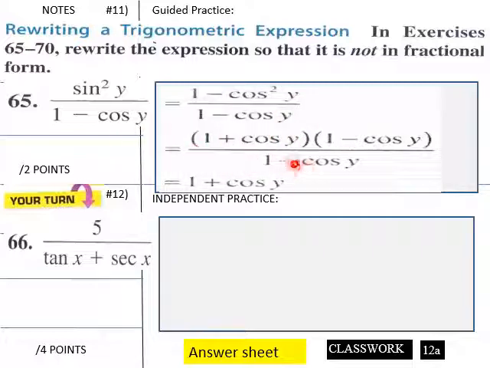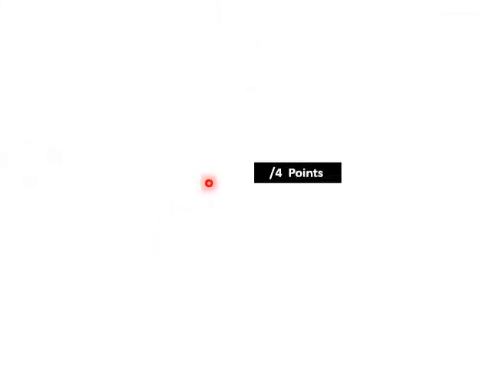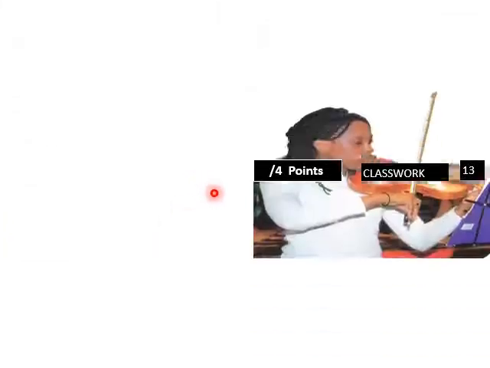And then when we factor this down here, 1 minus cosine squared y is the same thing as 1 plus cosine y times the quantity 1 minus cosine y, and these will cancel. So we're left with 1 plus cosine y over 1 for this one here. Down there, I guess you got to do that one, not your lucky day.